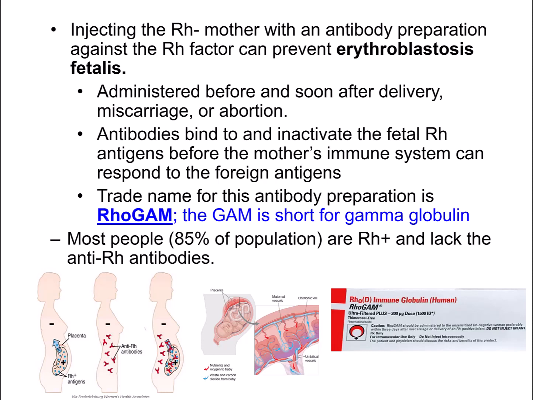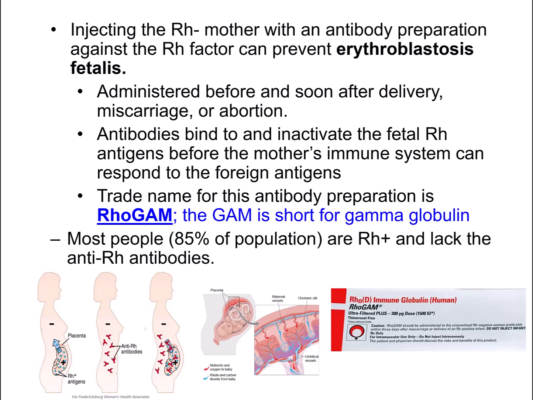These antibodies bind to the Rh factor on the red blood cells that have come across the placenta and are now in her blood. The hope is that these antibodies bind to and take out the red blood cells before she has a chance to become sensitized, before her immune system recognizes these as foreign and has an immune system response.